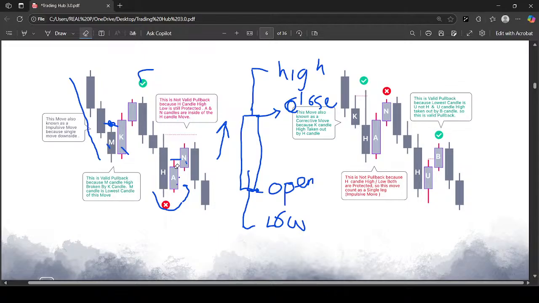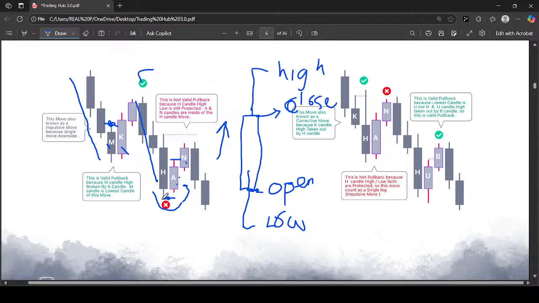This is not the lowest candle, right? The lowest low must be taken, then the recent high must be taken for us to have a correct and complete SMC pullback. The lowest low. So on this particular swing, this particular impulsive move, this is the lowest low, the low of H candle, right?